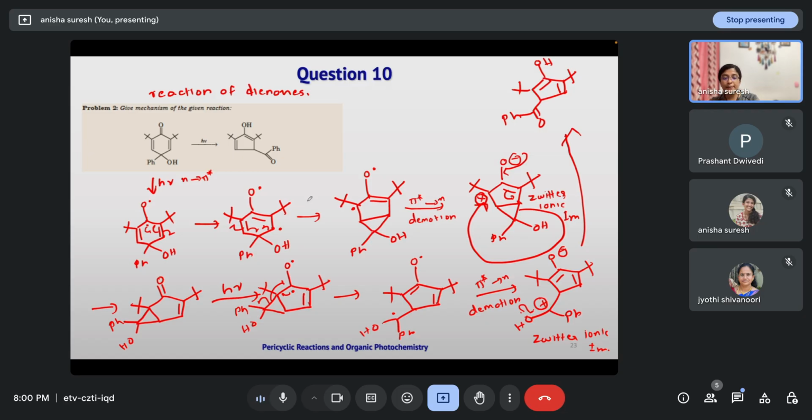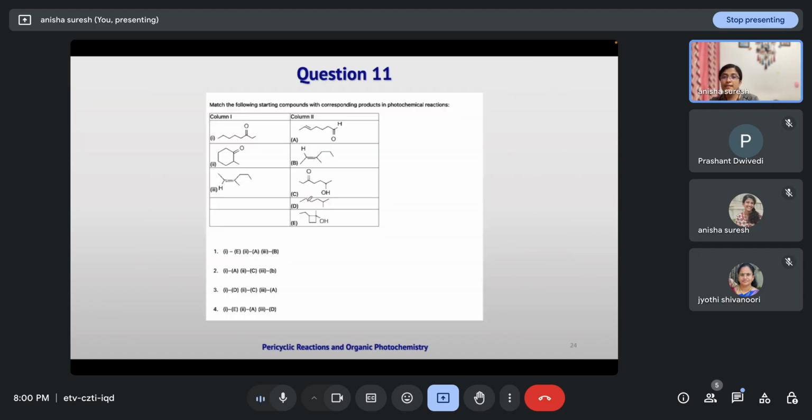We can move to question number 11. So this is question number 11. Match the following starting compounds with corresponding products in photochemical reaction. So these are the starting materials, and among this, the products of these starting materials upon photochemical reaction is given. So match the following.